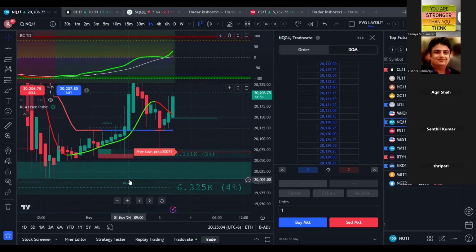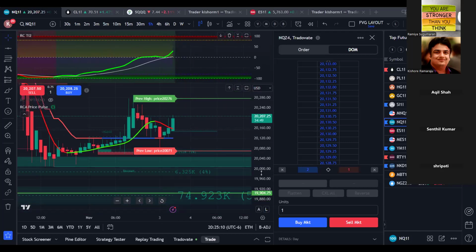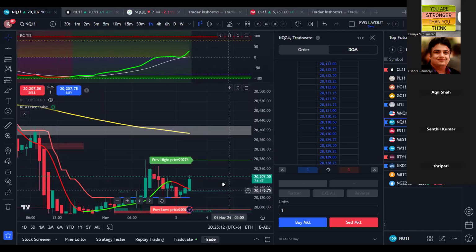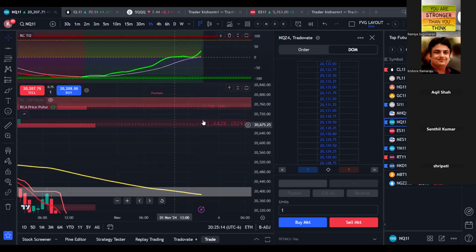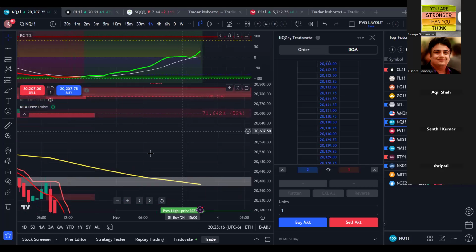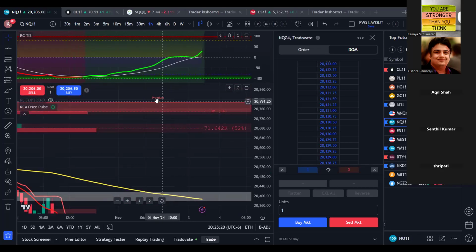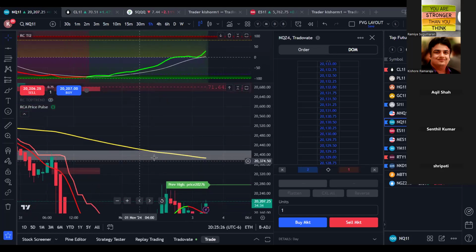So generally your discount zone, if it has a lot of buy orders, or your premium zone, if it has a lot of sell orders, price generally moves between these zones, right? One is your premium zone, that is where sellers want to sell, and then you have the equilibrium zone or the midpoint, which is like a fair value price.